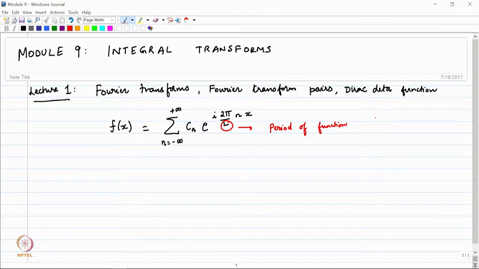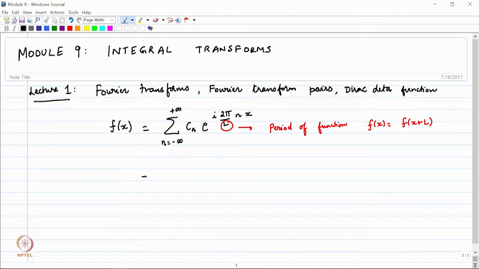So, f of x equals f of x plus L. Now, you can ask the question, what happens if we let L go to infinity? If we imagine that L is going to infinity, what will happen? That is the idea of the Fourier transform.